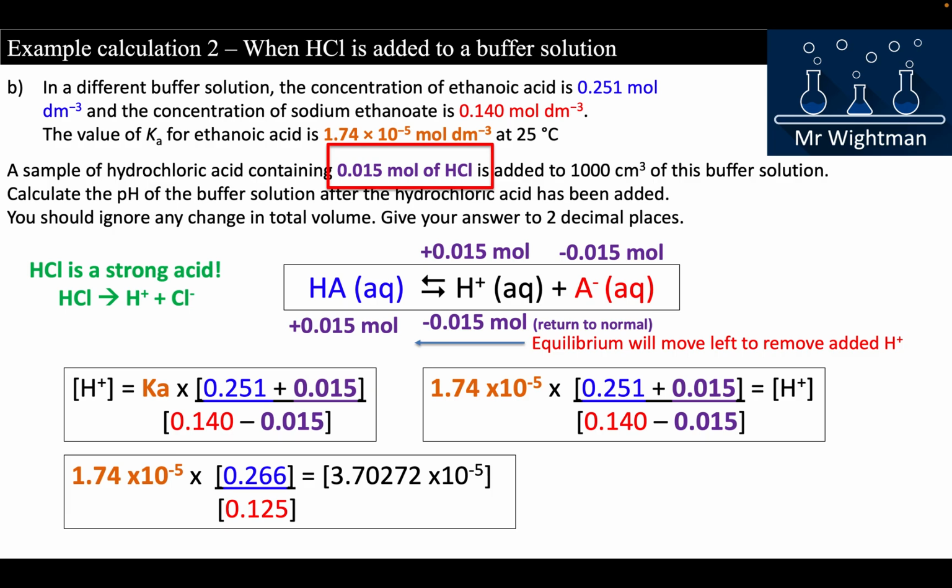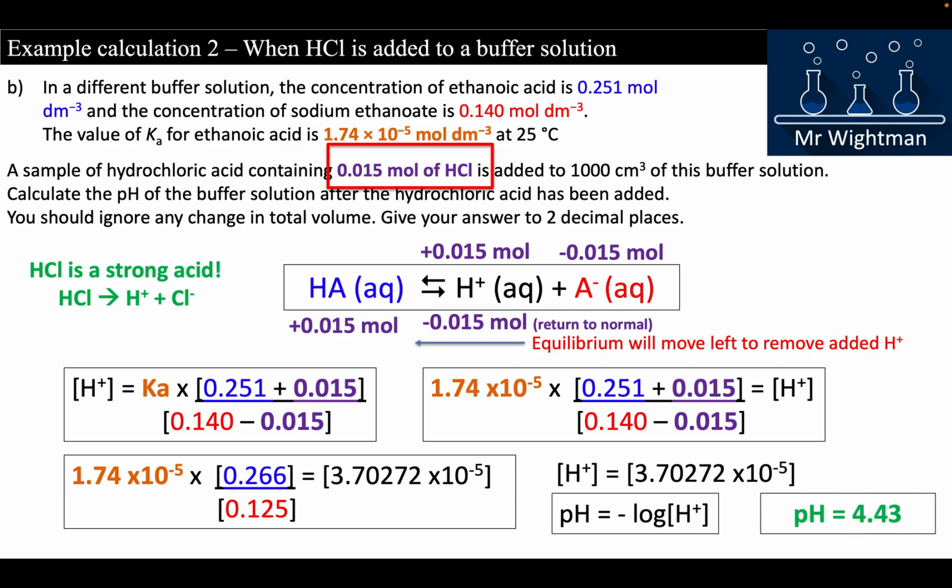All I need to do now is to find the pH, so negative log that. So my H+ concentration is that value. Negative log that will give me a pH of 4.43.